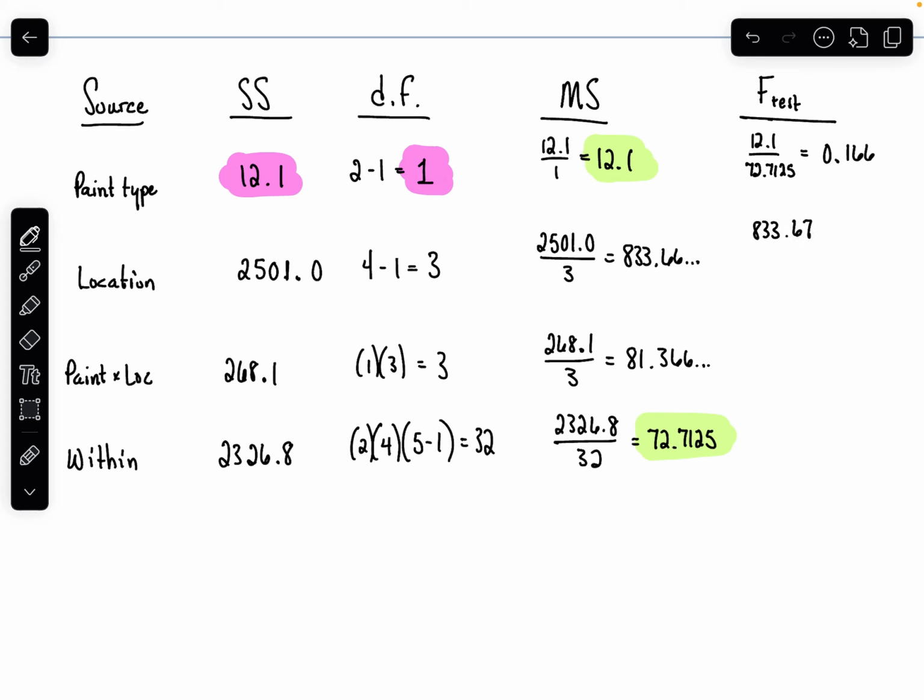I'm going to, for the sake of ease here, round this to 833.67, and we're going to divide it by 72.7125. And that's going to give us 11.465. And that's a noticeably larger test statistic, so we may get something going on there.